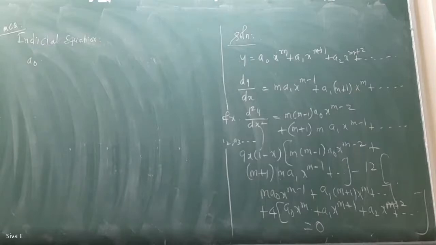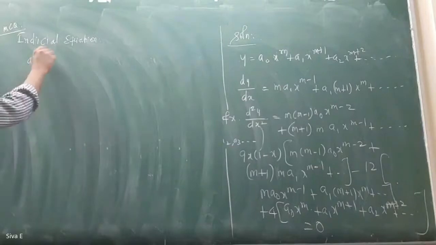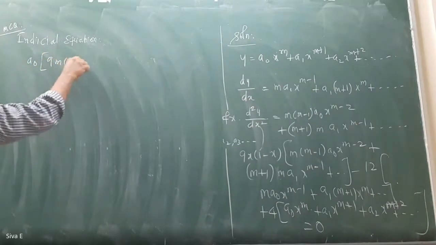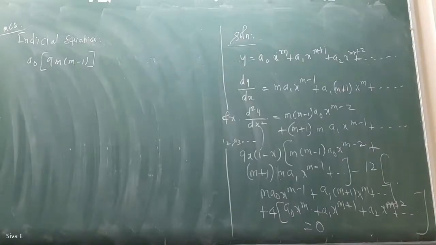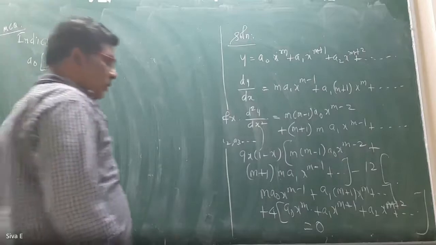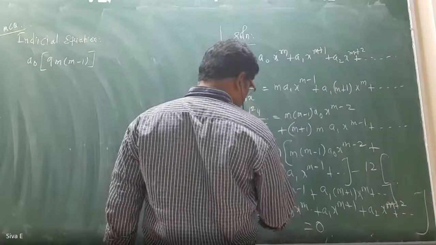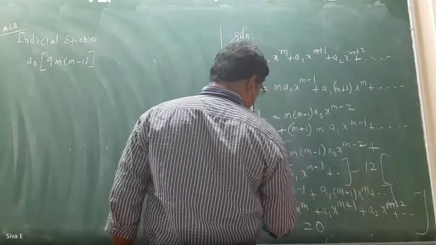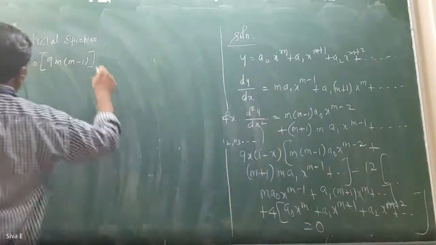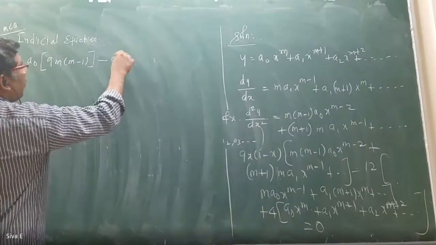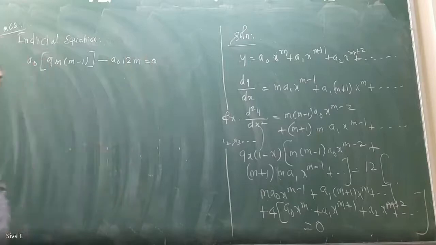Nine into a naught into 9 m into m minus 1, then a naught into minus 12 m, equal to 0. So when you are solving this, what do you get?